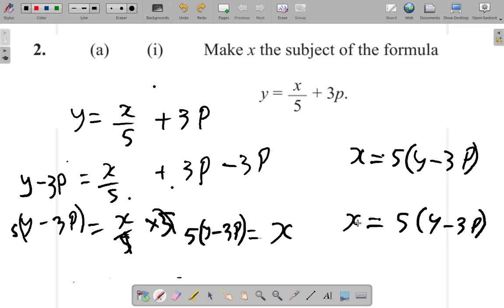And if we have x equals a number, you write x first, x equals, and then that number. So it feels a bit more comfortable writing x on the left equal and then whatever it is equal to on the right. So using two different methods, we end up with 5 times y minus 3p as the answer.